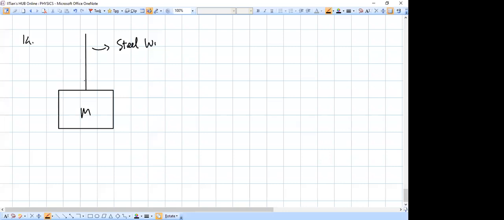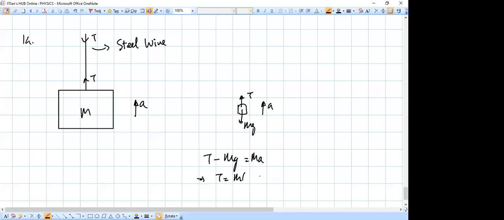Suppose the tension in the steel wire is T and you are lifting up the load with an acceleration of A. When you make the free body diagram of that weight, T minus mg is equal to ma. So the tension is m into g plus A.